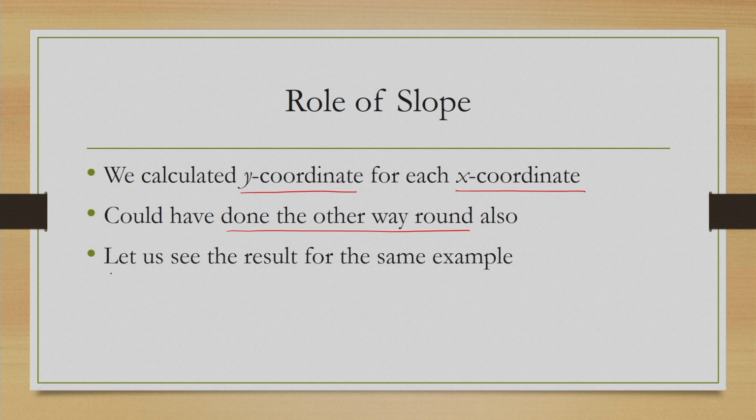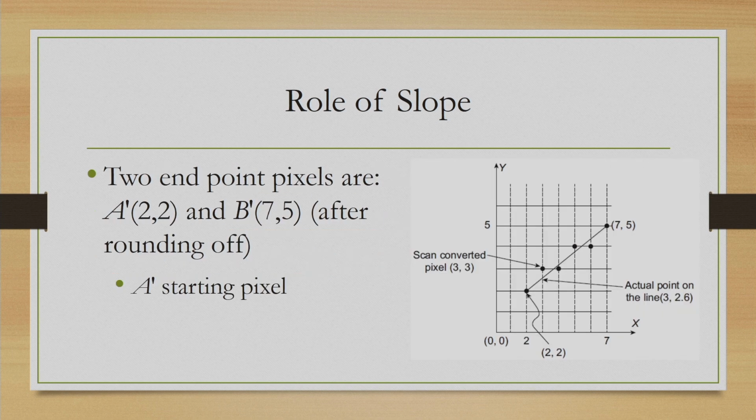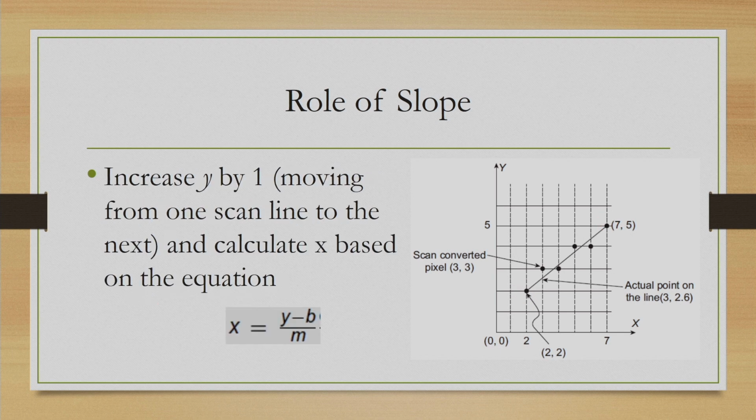Let us try to see what happens if we do so, if we calculate x values by increasing y values. Now, we have these two endpoint pixels, and the lower pixel is the starting point denoted by A dash. This time we are increasing y by 1, that means we are moving this way.